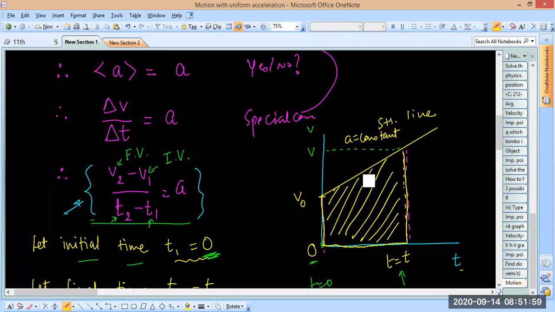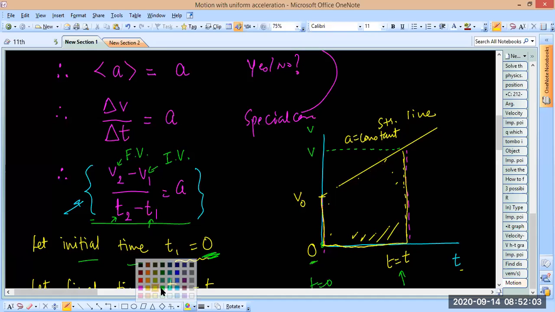This is a trapezium, and that trapezium can be converted into one triangle and one rectangle by drawing a line like this. Agreed? So now we can easily find the area, even in such a case.